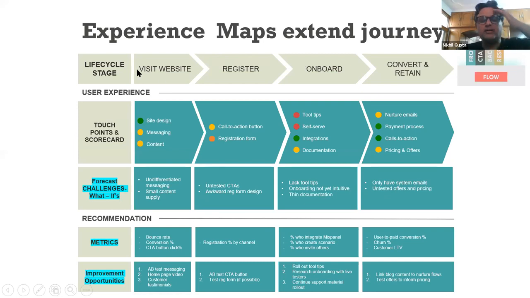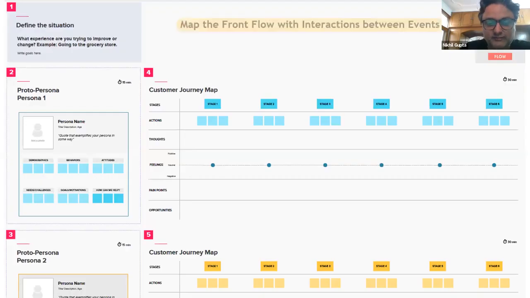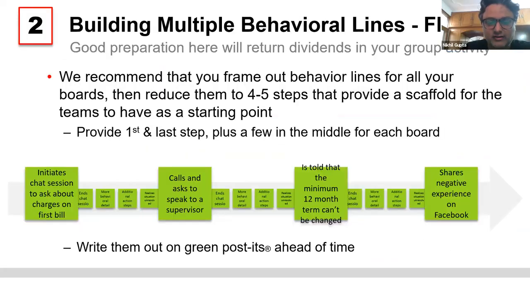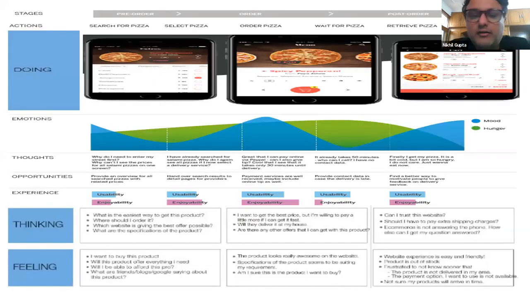Let's say, for example, I want to order a pizza. If you look at the actions, first I search for pizza, and then I select pizza.